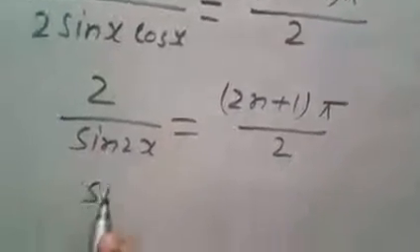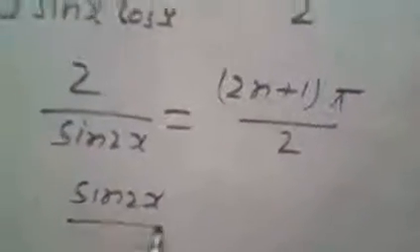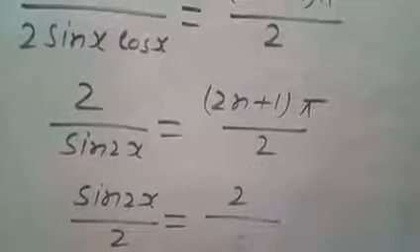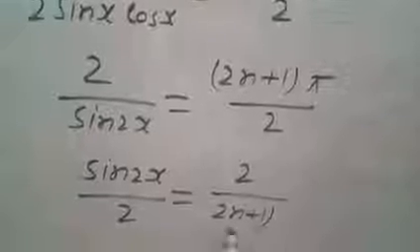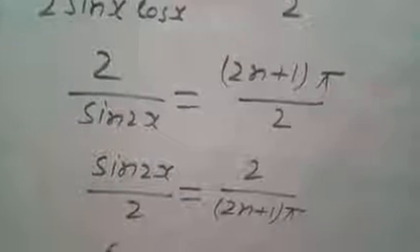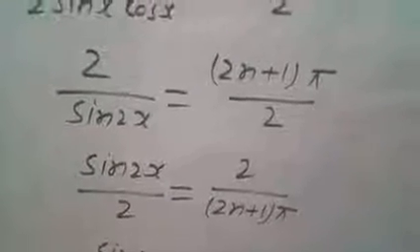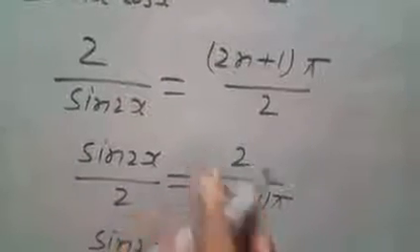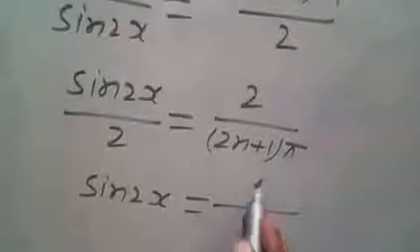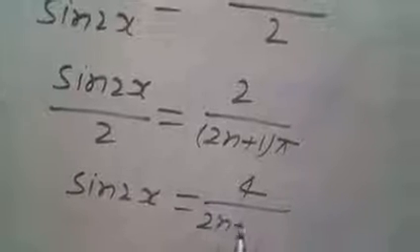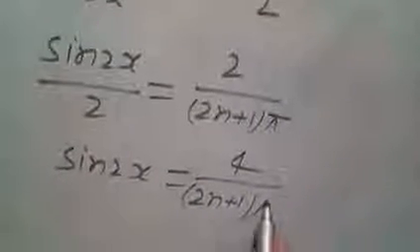If we take the reciprocal, sin 2x by 2 is equal to 2 upon 2n plus 1 pi. So we can write sin 2x is equal to, this is divide so this side it becomes multiply, so 2 twos are 4 upon 2n plus 1 pi.